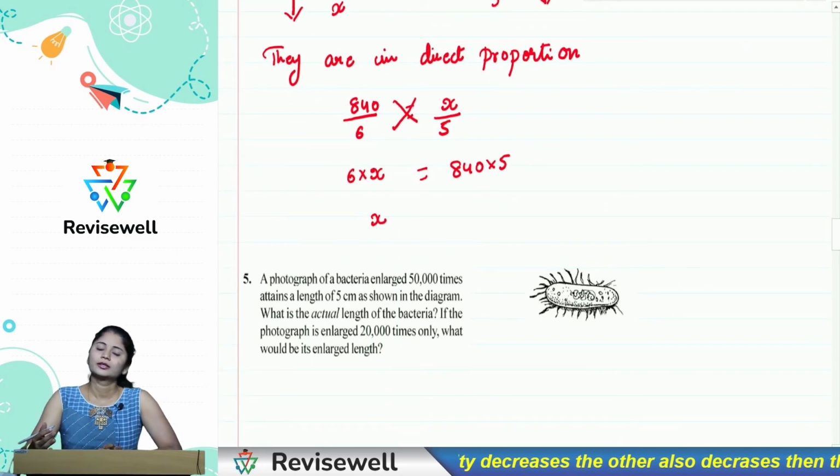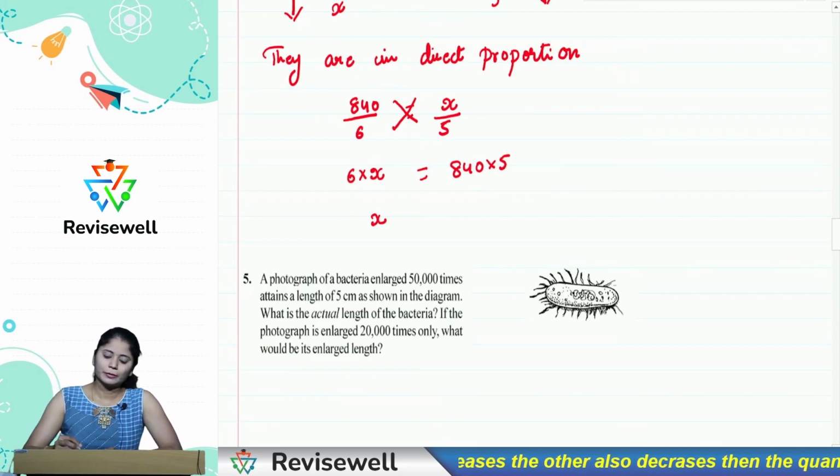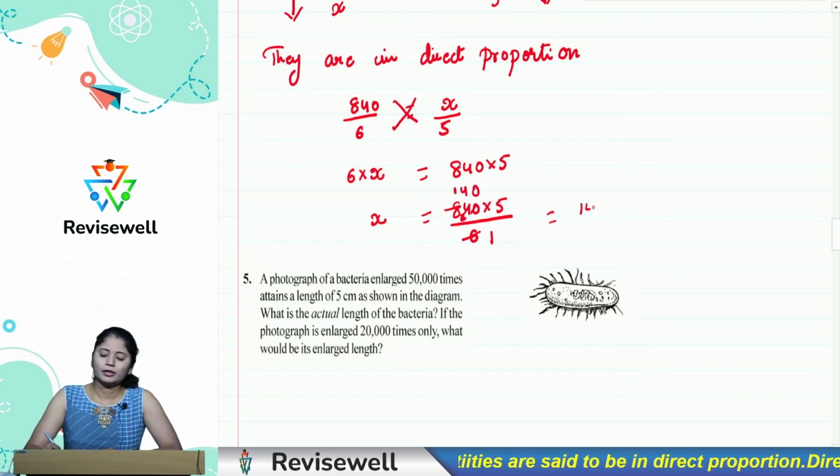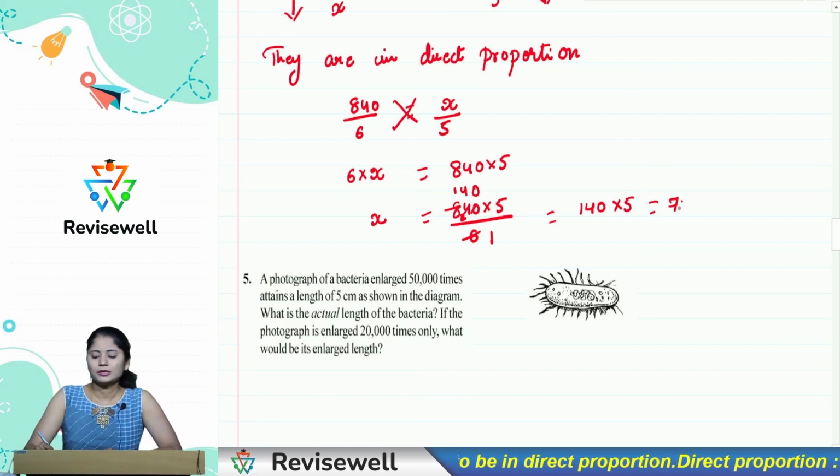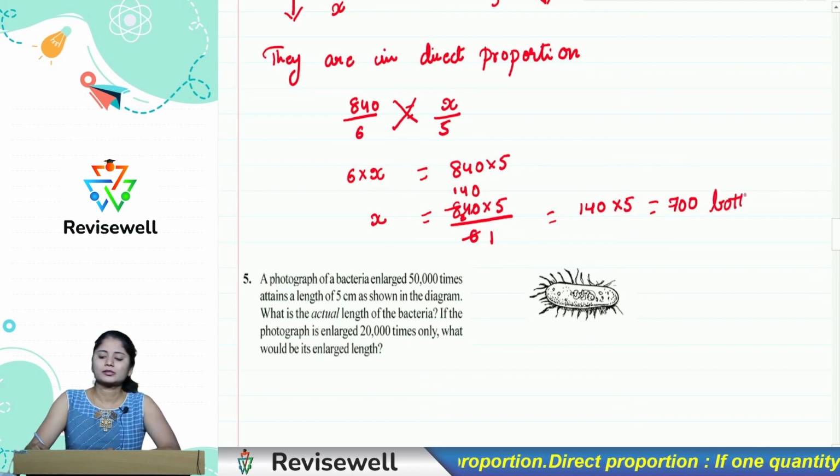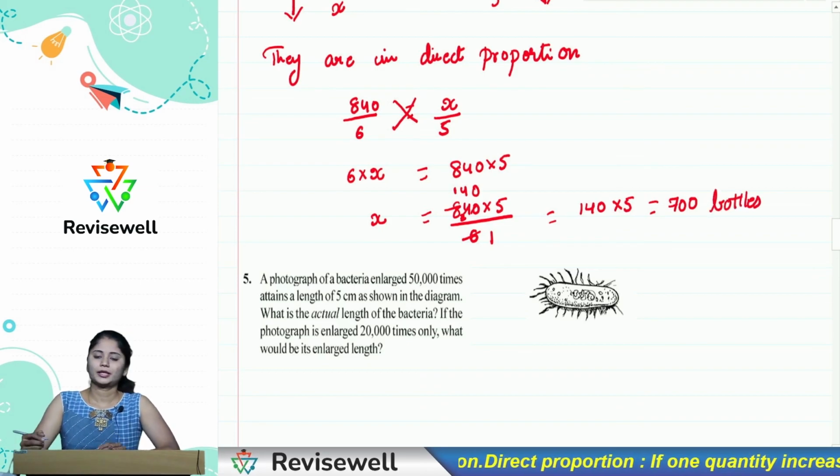Whenever you shift, the operation changes, so multiplication will change to division. So 840 multiplied by 5 divided by 6. 6 ones are 6, 6 ones are 6, 2 remains, 6 fours are 24, 0. So that is 140 multiplied by 5. So 14 fives are 70. So this is 700. So 700 bottles can be filled in 5 hours.